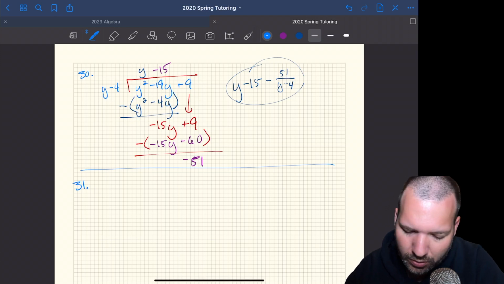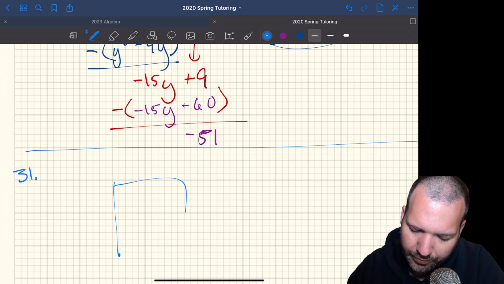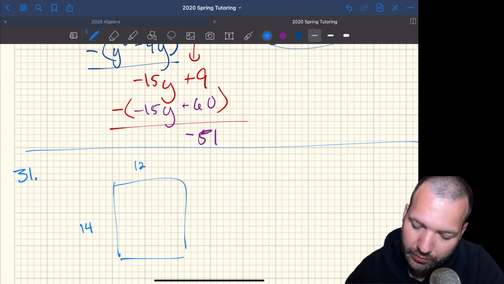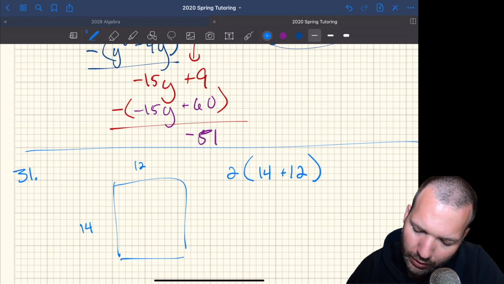All right, so we take our full perimeter, which is 14 feet by 12 feet, doubled, of course, twice the sum of the length and the width, and so that's 52.